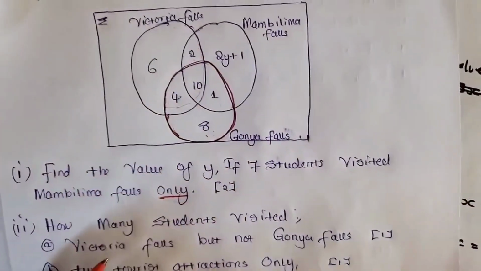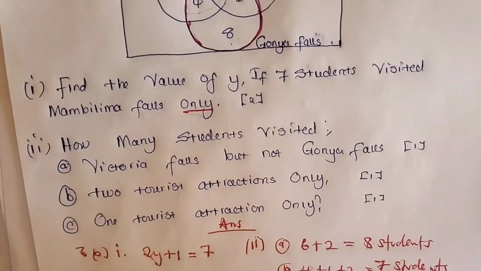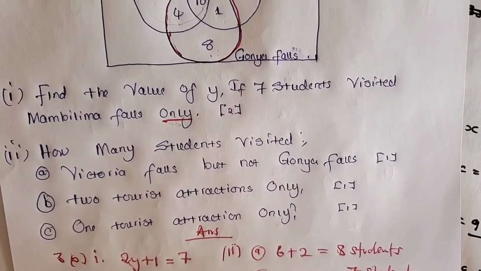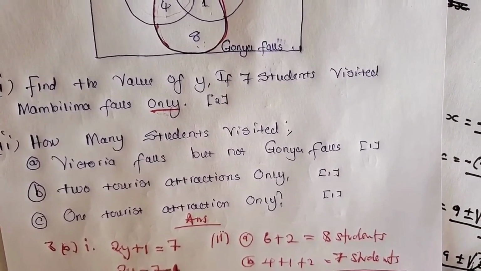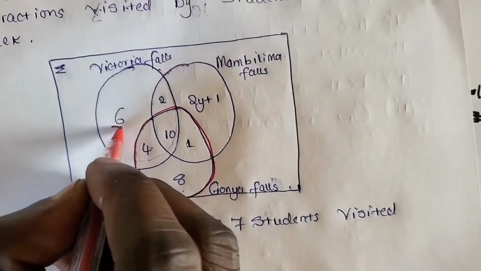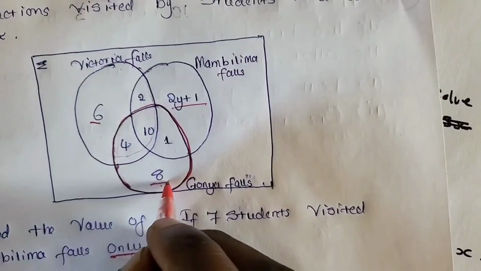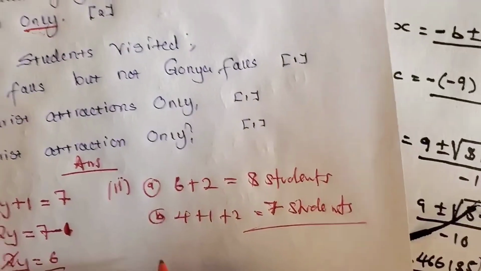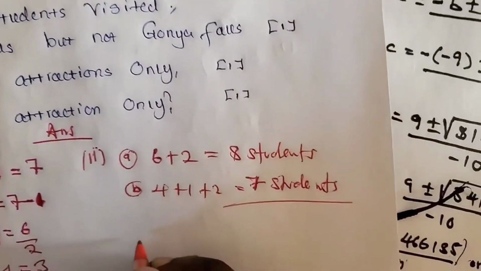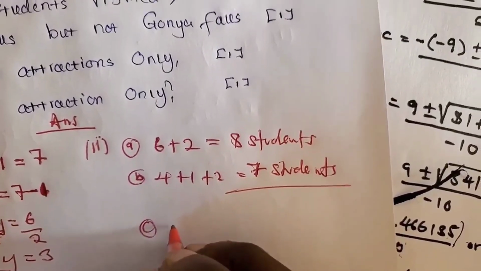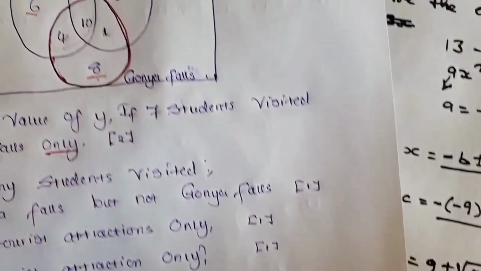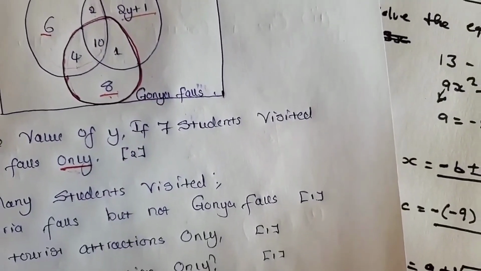Then the last question asks how many students visited 1 tourist attraction only. So there is this and this. We say 6 plus 8 plus 2 times y plus 1.